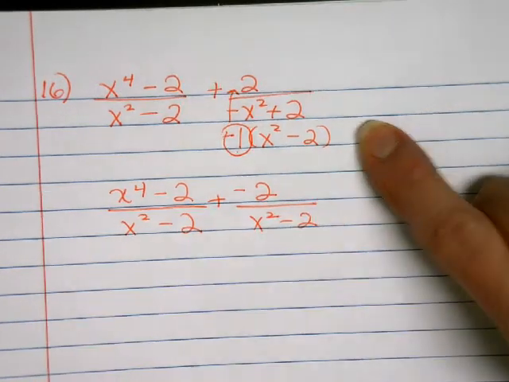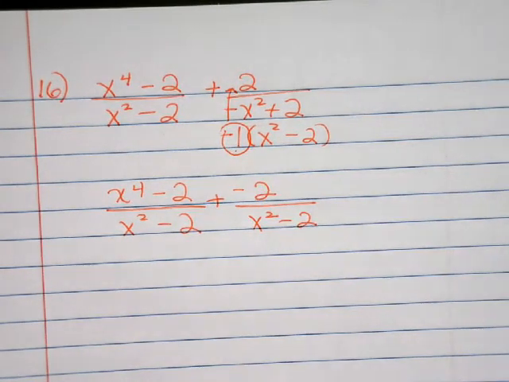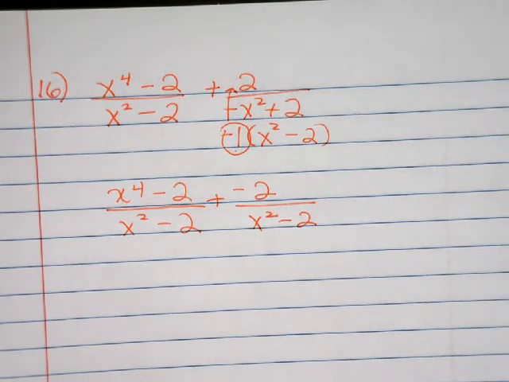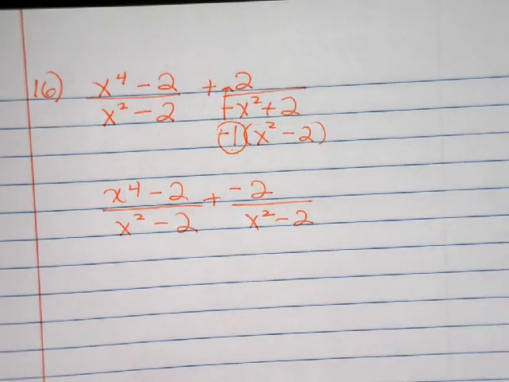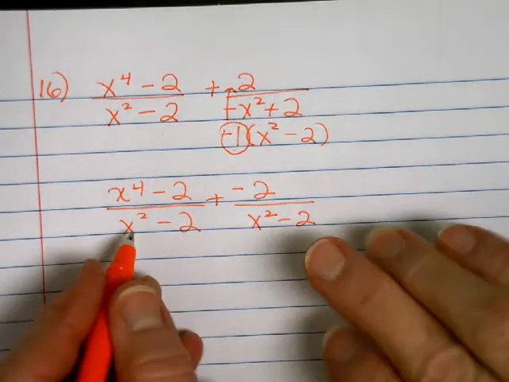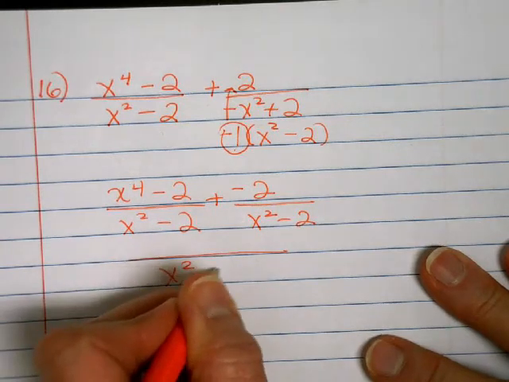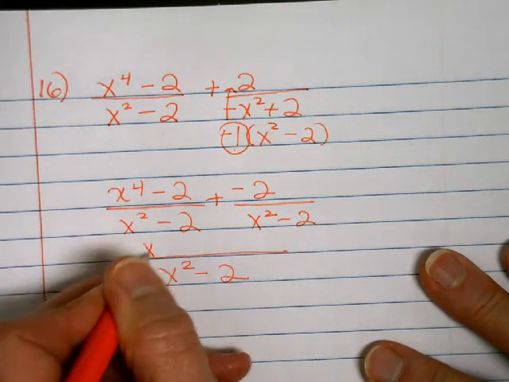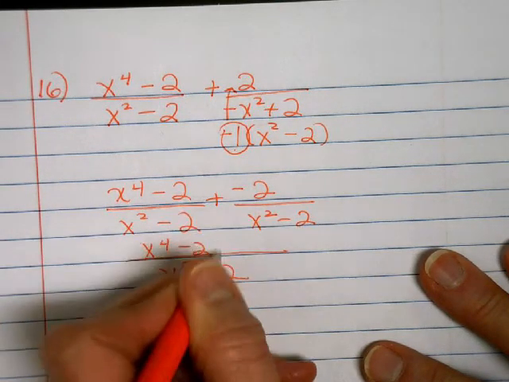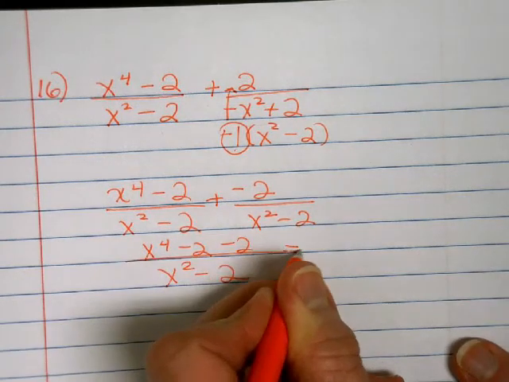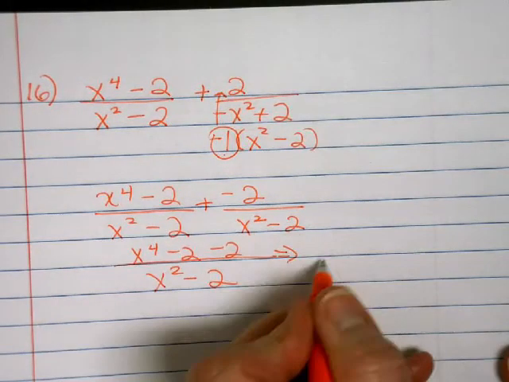So then I have a reformed fraction with a -2 in the numerator over the original x squared minus 2 denominator. I just did a little negative magic that allows me to dance that dance.